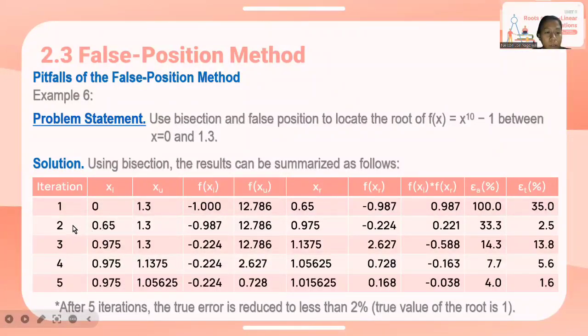For the second iteration, the XL is now 0.65. XU is still 1.3.